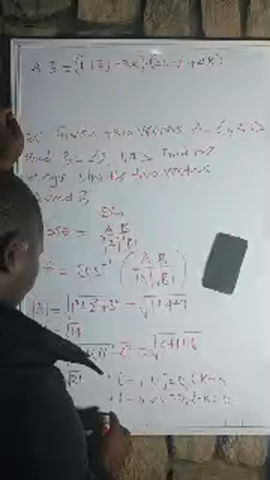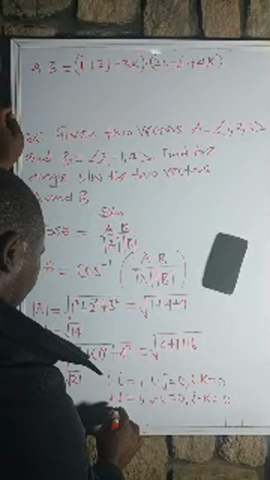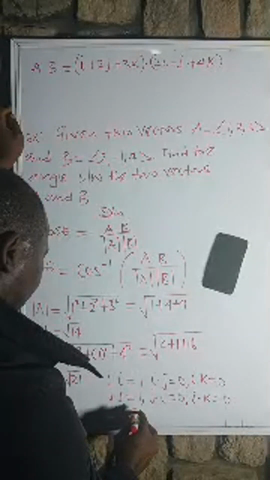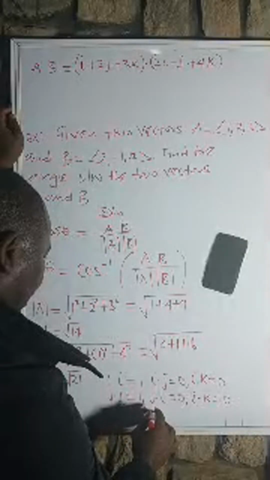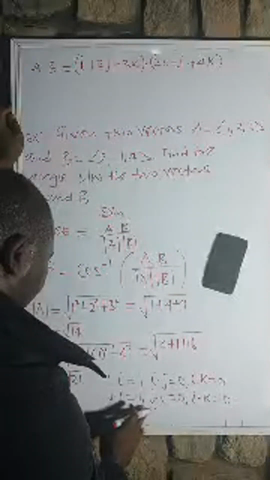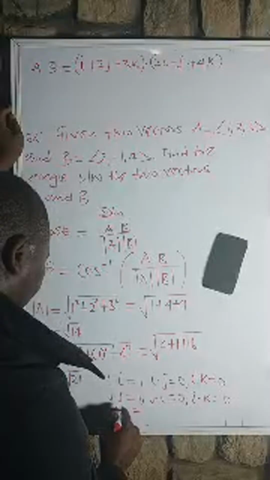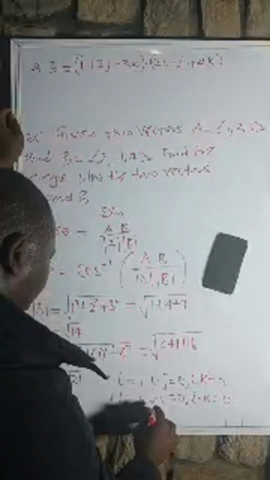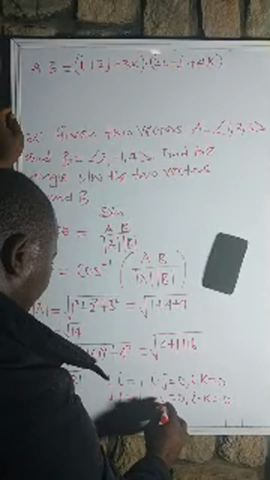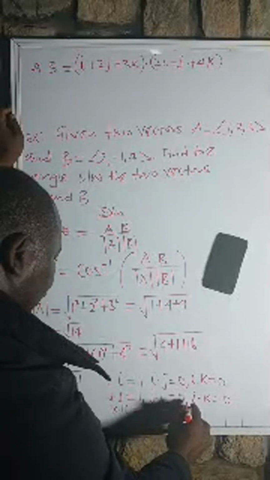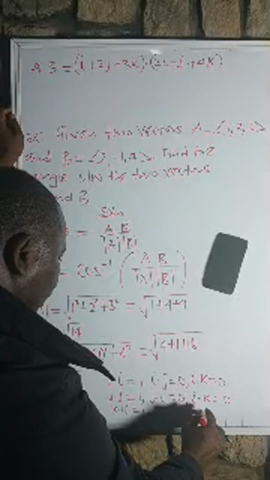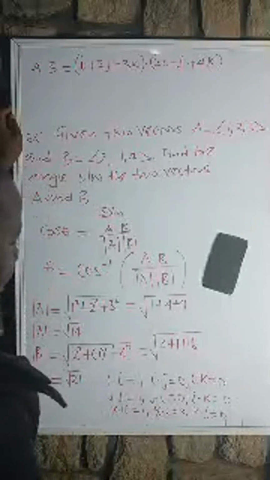Also, k dot k is 1, k dot i is 0, and k dot j is 0.